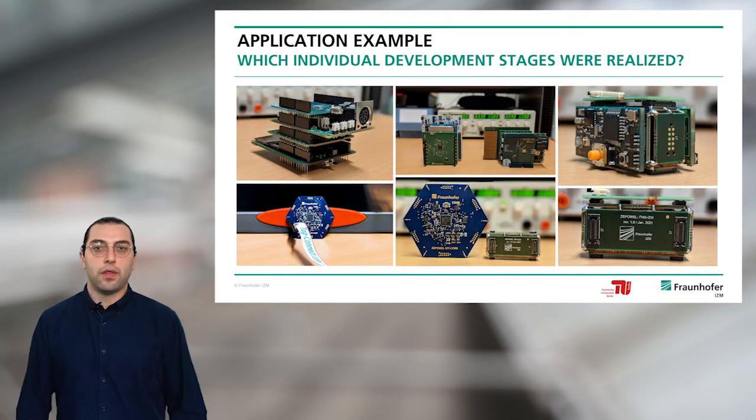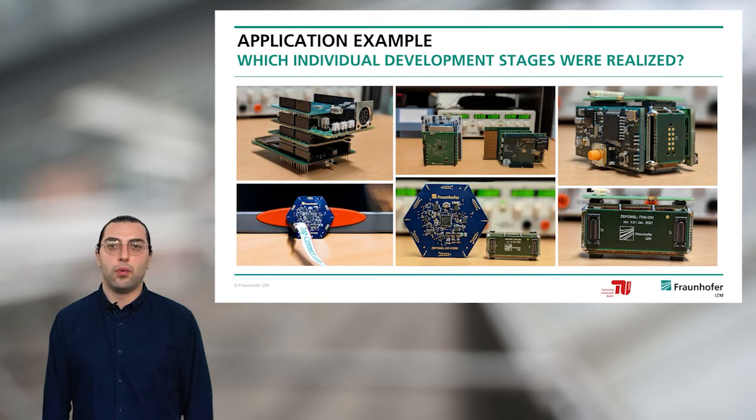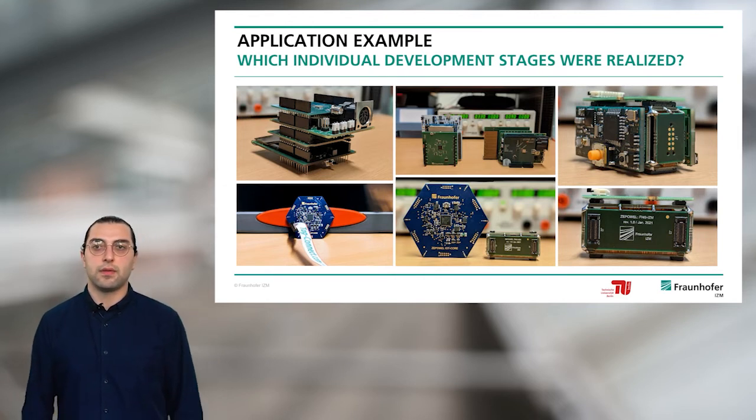So the third idea is the rigid flex, to use the rigid flex design. And we realized a rigid flex design that can be folded into a cuboid. You can see a picture above in the middle in comparison to this wired solution.